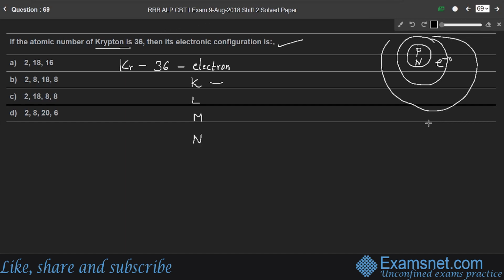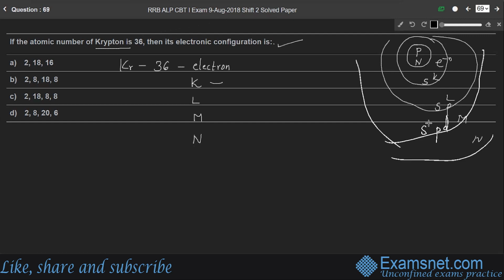We have shells like K, L, M, and N. The K shell has one subshell, which is S. The L shell has two subshells, S and P. The M shell has three subshells, S, P, and D. The N shell has four subshells, S, P, D, and F, and it continues. The K shell, the first shell, can hold a maximum of 2 electrons revolving around the nucleus, so 1s2.